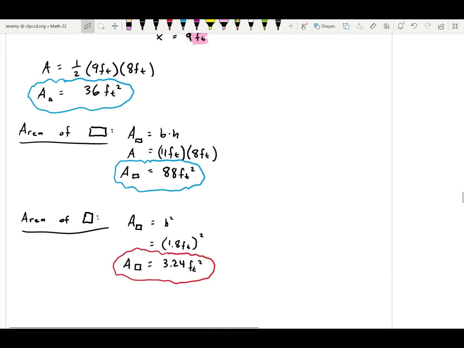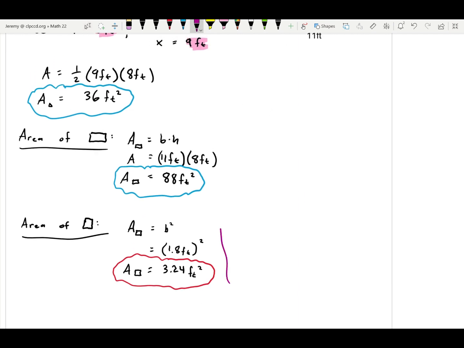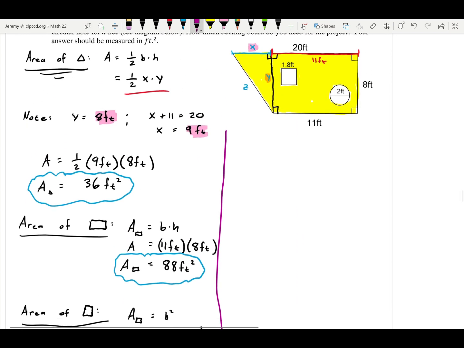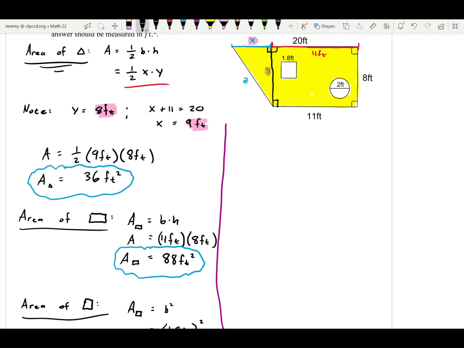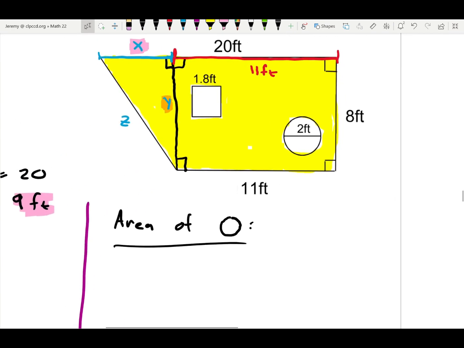And the last one, let me put up a little divide here so I can keep working up here. Now let's find the area of the circle, the circular hole for our tree. The dimension that's marked right here is not a radius, but a diameter.